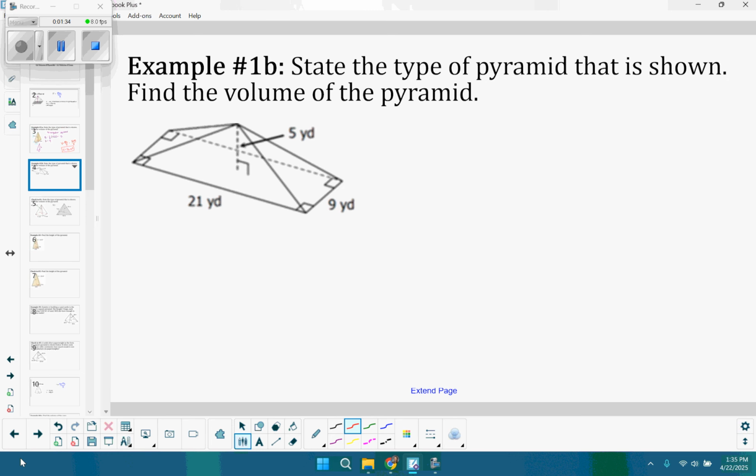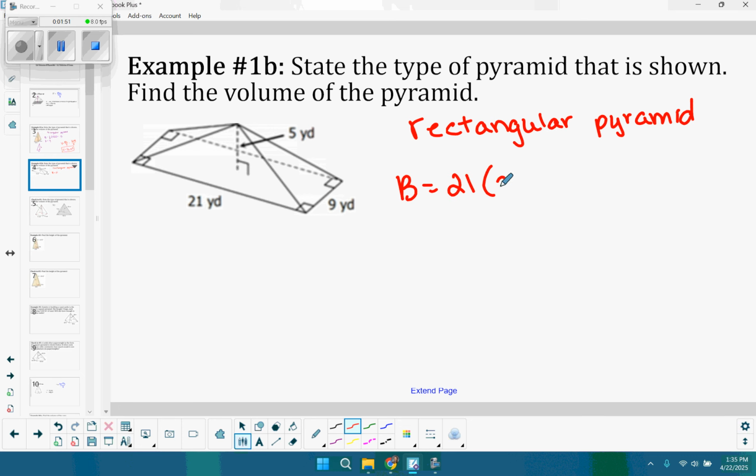For example, 1B, this would be a rectangular pyramid. So my base, which is the rectangle, would be 21 times 9, which is 189.